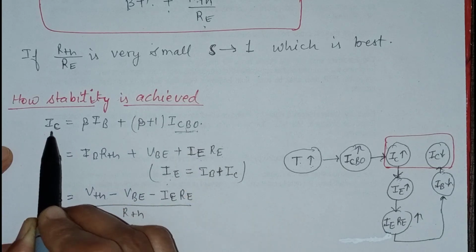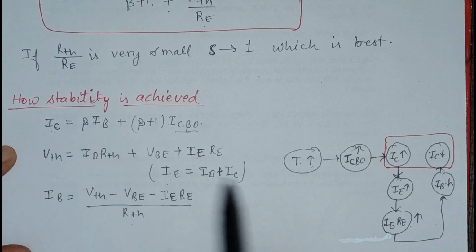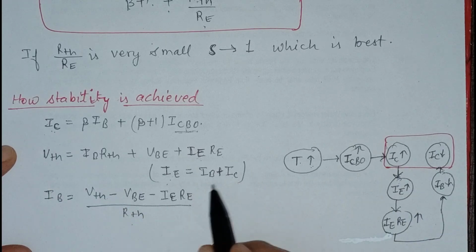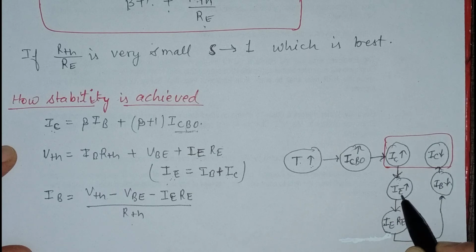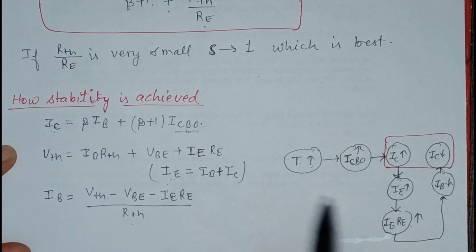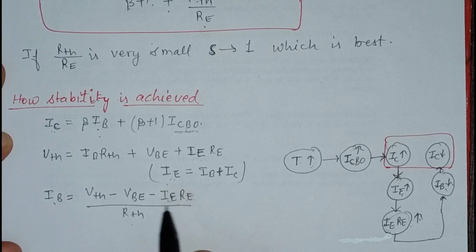As this IC increases, we know IC is directly proportional to IE, so IE also increases. As we can see, this term is here in the IB equation, IE into RE. As this IE increases, this voltage drop also increases. As this voltage drop increases, IB decreases.